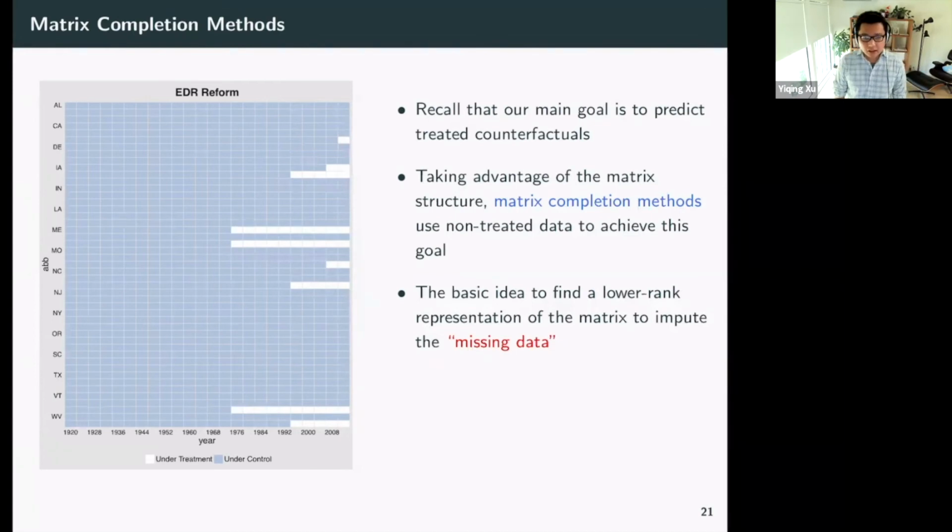Because as I said last time, with matrix completion, we are trying to fill in the missing data caused by treatment, right? We treat treated observations as missing data, and then we try to impute their counterfactuals under certain assumptions.